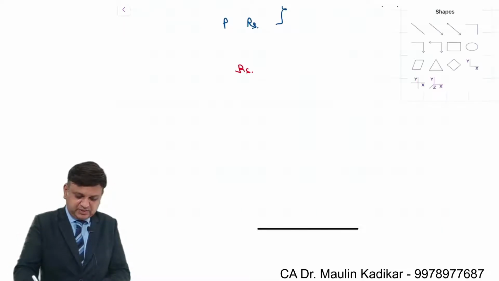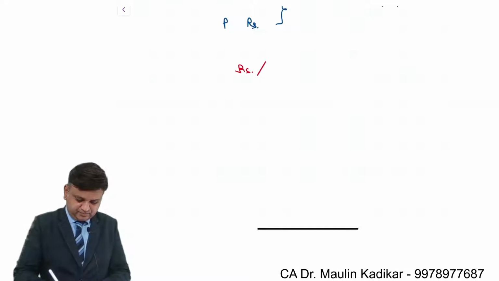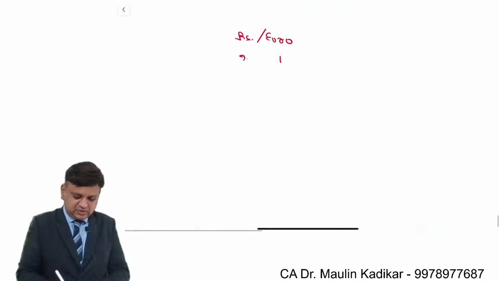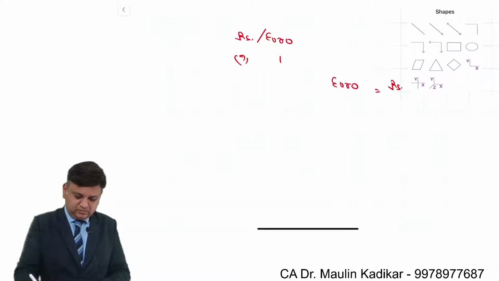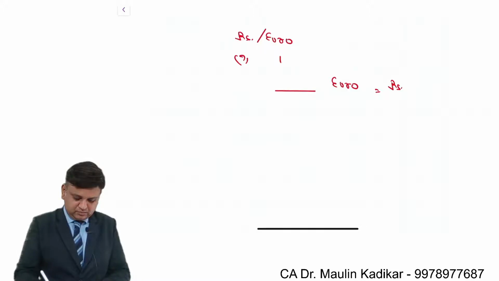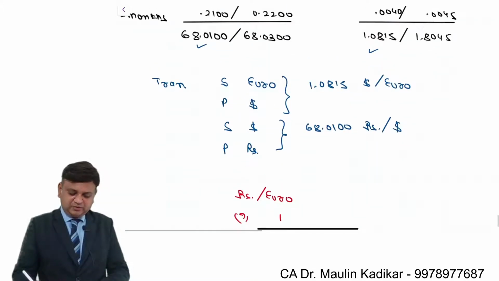Final answer is rupees per euro. So 1 euro is equal to how much rupees is the question. Rupee is the final answer. Answer is required per euro. Against euro, which currency is given?